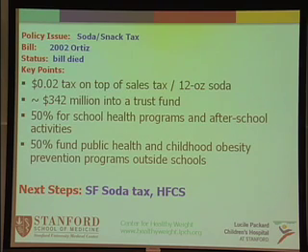So we were hoping to replace that with these funds, so that they wouldn't have to have these soda contracts. And then 50% would fund public health and childhood obesity prevention programs outside of schools. Unfortunately, the bill died, and maybe we can encourage our California legislature to consider it again.